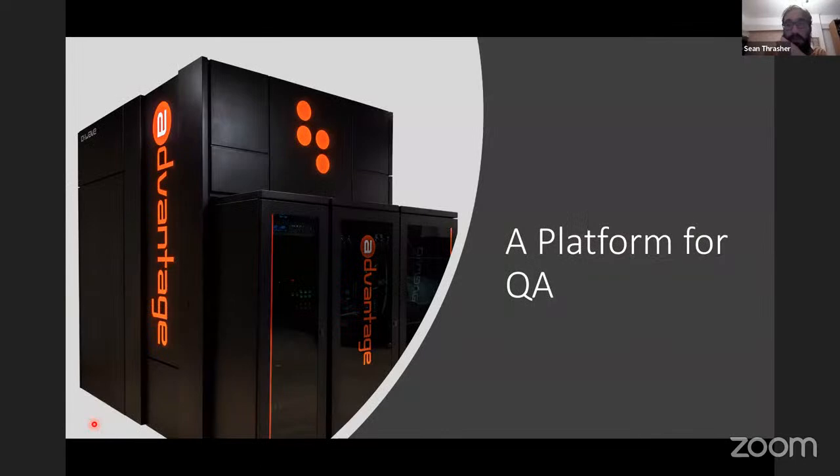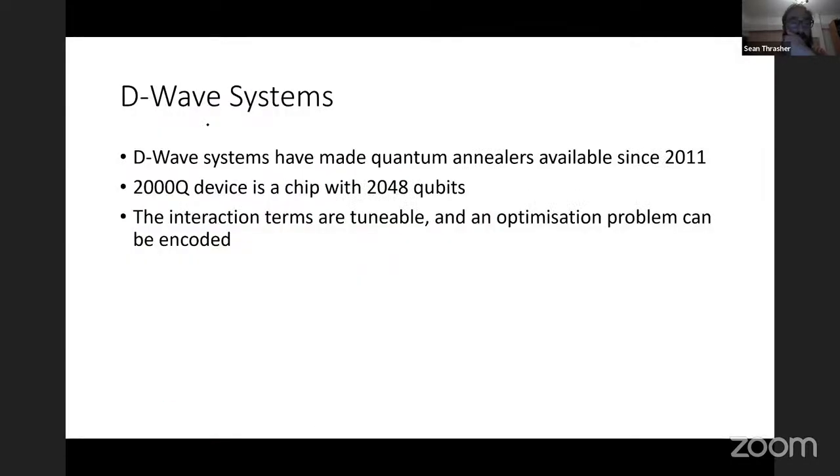Okay, so I'm going to now talk about how this scheme of quantum annealing is used in the industry, and a very prominent platform is the D-Wave company. They've made these quantum annealers, these devices I've just talked about, that allow you to tunnel through these energy barriers and find the minimum of an energy function, and therefore solve an optimization problem.